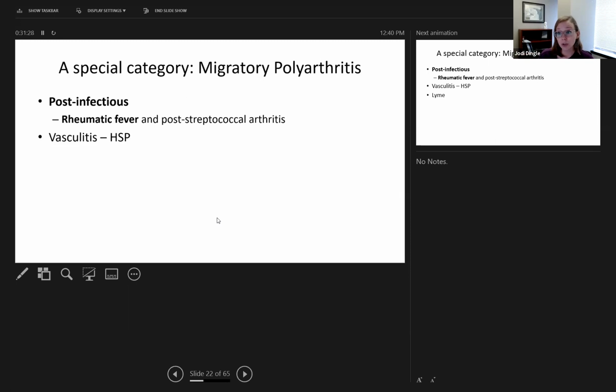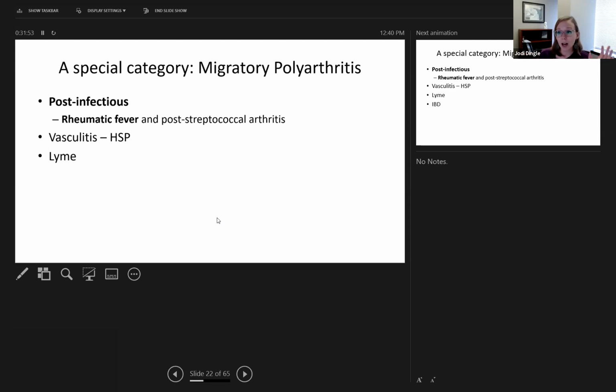HSP sometimes can give you a migratory arthritis. The arthritis of HSP tends to be more periarticular swelling than true joint effusion, but it may be a mimic of this, and can be especially confusing if the arthritis pops up before the characteristic rash does. And the last thing that's potentially in this category is Lyme.